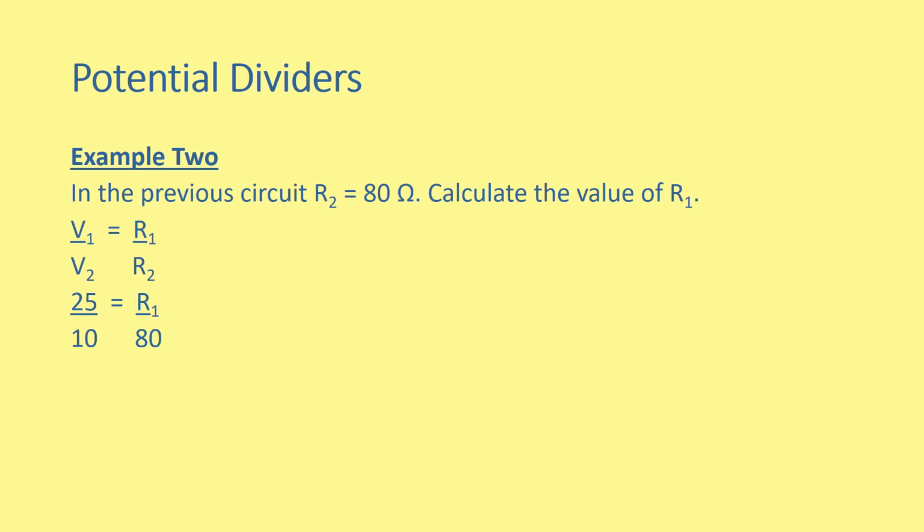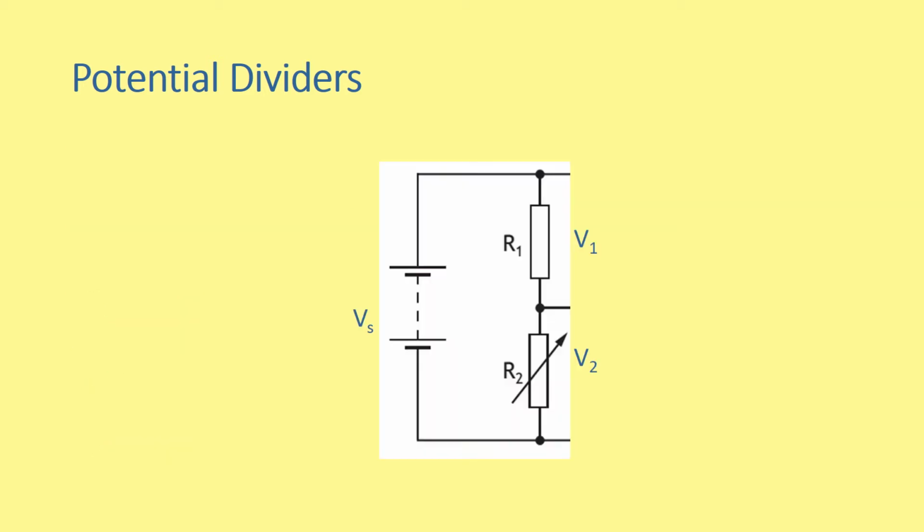Because we have fractions, we can cross multiply. In cross multiplication, whatever we want goes on the left-hand side, in this case R1. Whatever's opposite to R1 goes on the bottom line, and the other two, which are opposite to each other, go on the top line. So R1 is equal to 25 multiplied by 80 divided by 10, which is equal to 200 ohms.